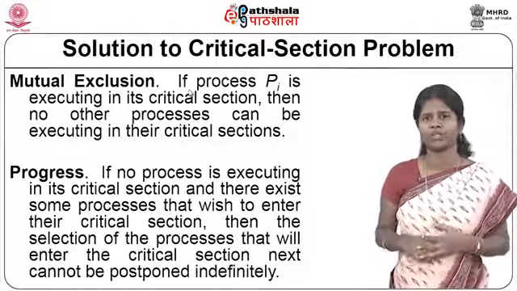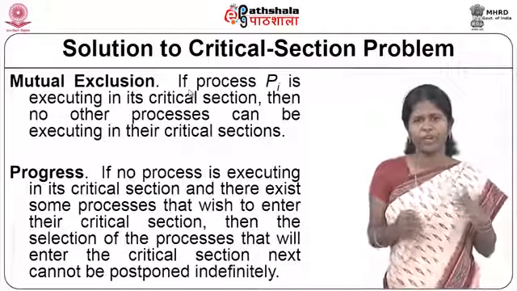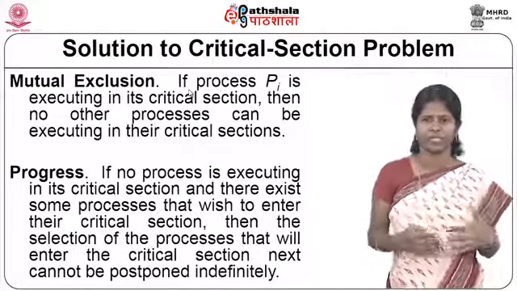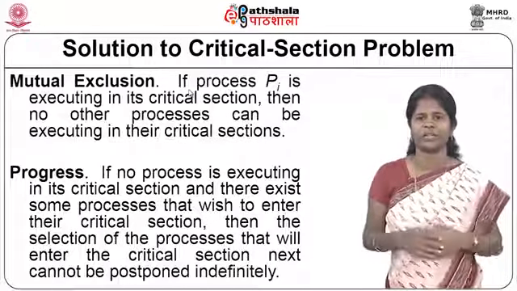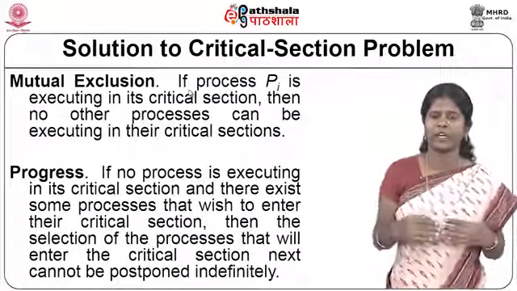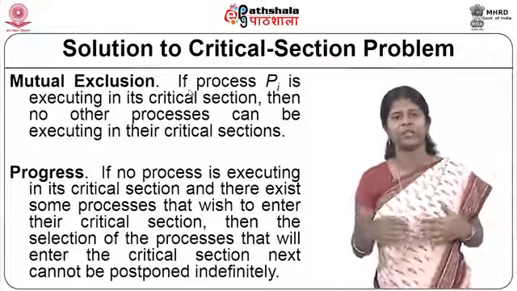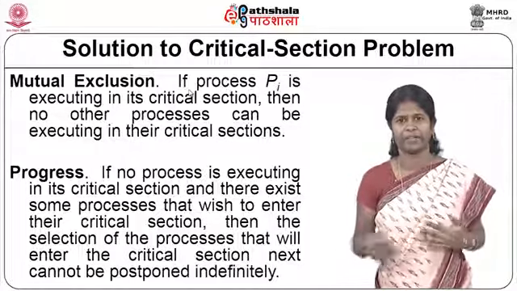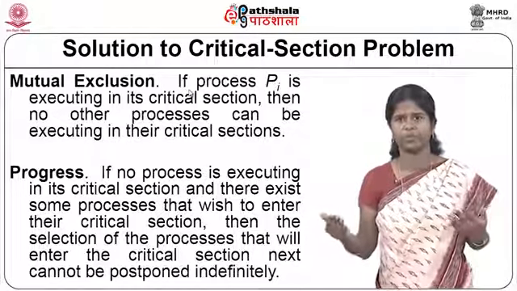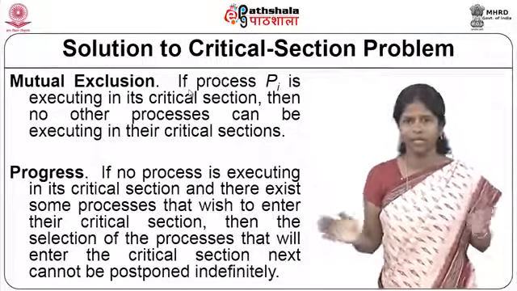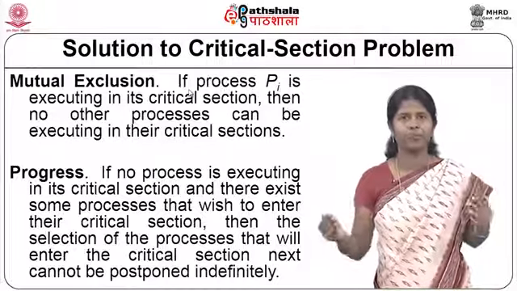What is progress? If there is no process executing in its critical section and there exists some process that wishes to enter the critical section, then the selection of the process that will enter the critical section cannot be postponed indefinitely. Assume you have two processes P1 and P2, both currently not in their critical sections and both wanting to enter.